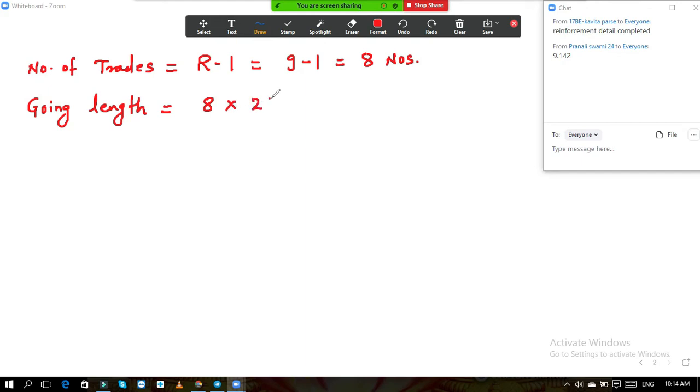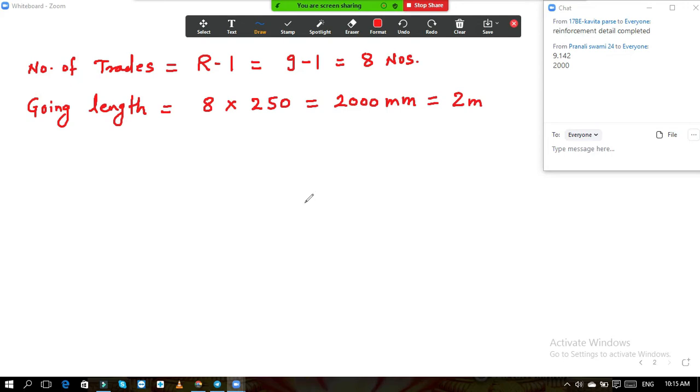So 8 into 250. Do the calculation, let me know the answer. 25 into 8, 200. So it is 2000 mm, which is 2 meter. This is nothing but in meter, it is 2 meter.